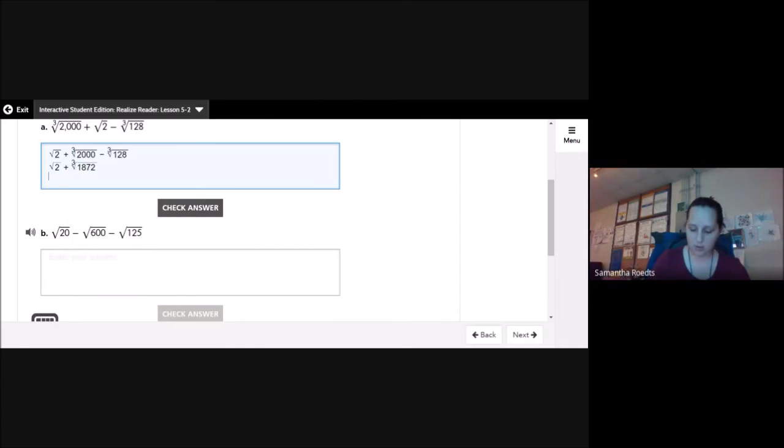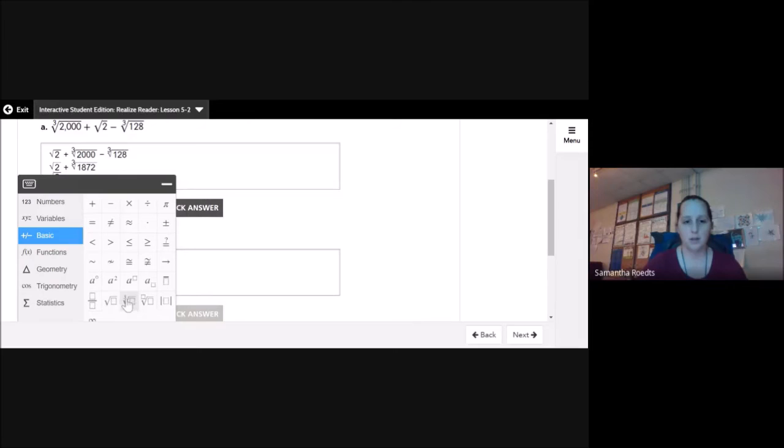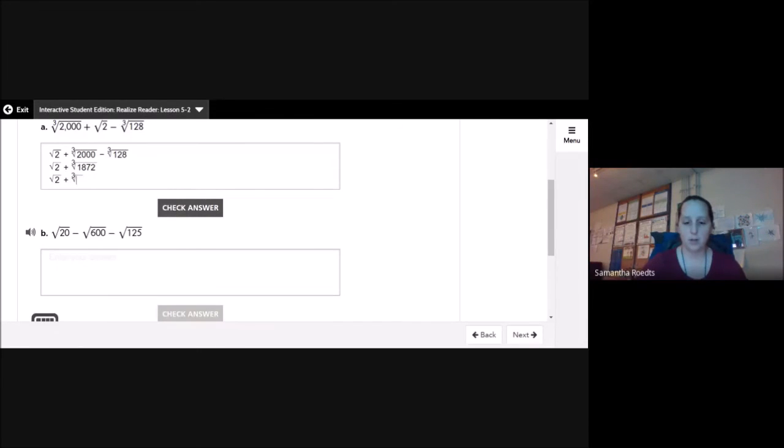Plus cube root of 9. Okay, that's 208. Let's see. 176 out, which is cube root.